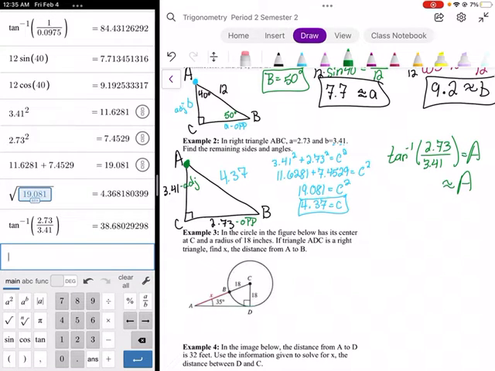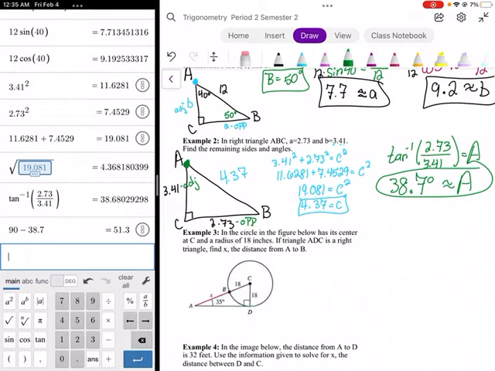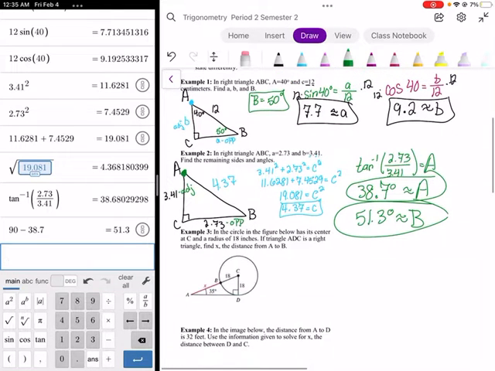So angle A is about 38.7 degrees. And if we take 90 minus 38.7, we will get angle B is equal to 51.3 degrees, which is our final answer.